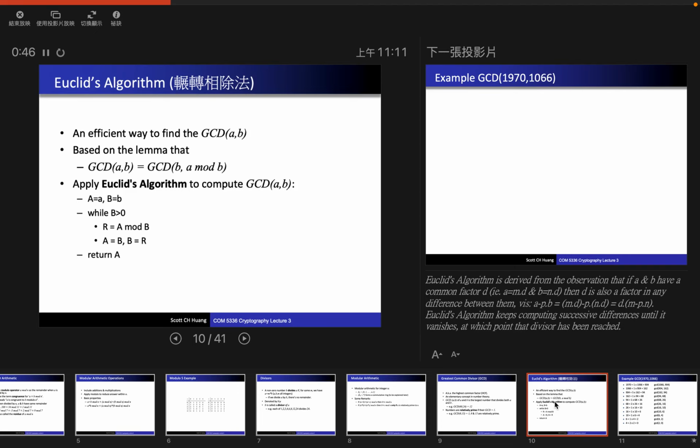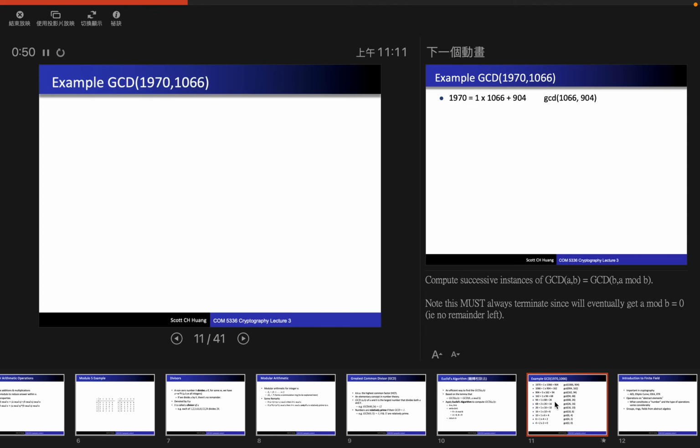It's a classical algorithm. And let's take a look at another example. Let's find the GCD of 1970 and 1066. You can definitely write it this way. Okay, 1970, 1066.